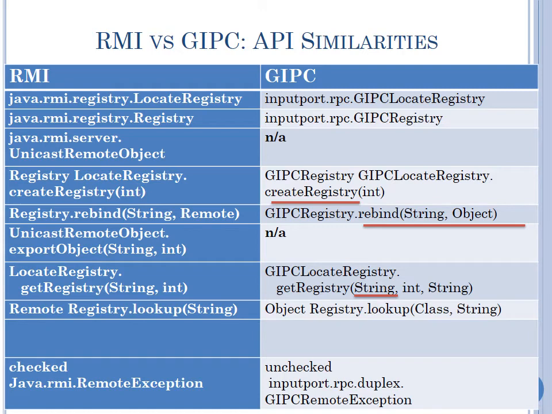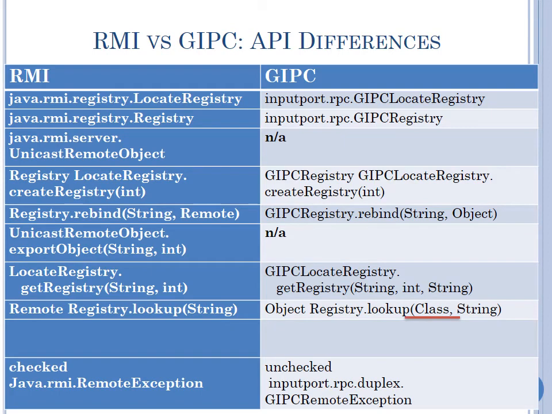There's a get registry in RMI with a string argument that gives the name of the host, and an int argument that gives a port. Same thing in GIPC. Okay. There's a lookup in RMI that takes an object name. There's a lookup in GIPC that takes an object name. Okay, these are the similarities.